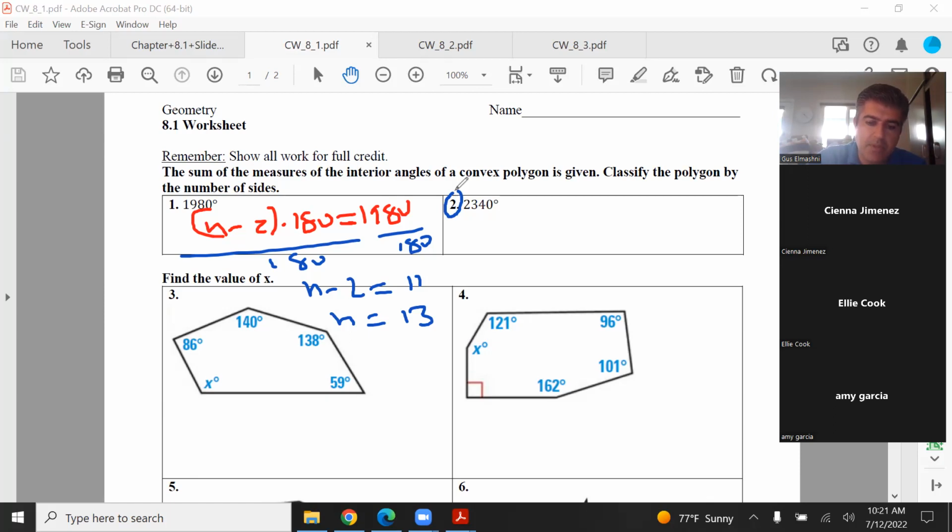Could someone please put an answer on the chat, please? It wouldn't be 11, because remember, we got 11 for 1980, so it's got to be more than 11, right?